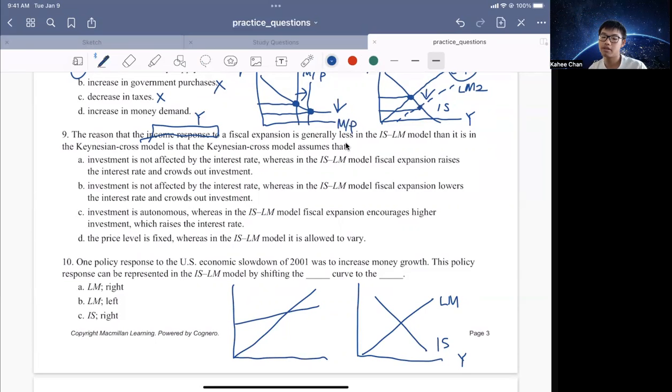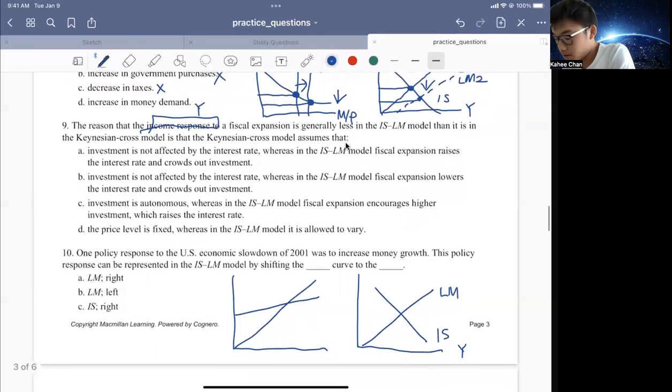Only the government can affect the Keynesian cross, and the Fed is going to affect the theory of liquidity preference, which affects the LM. But in this case, we are affecting IS. So if there's a fiscal expansion, let's say we are going to increase delta G or MPC times delta T, which means it is tax cuts.